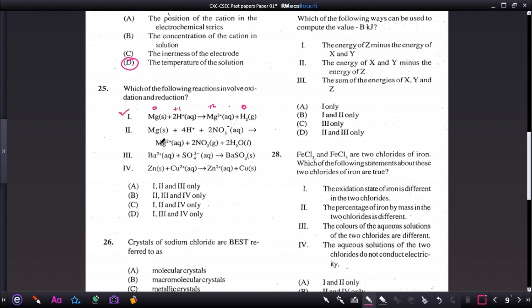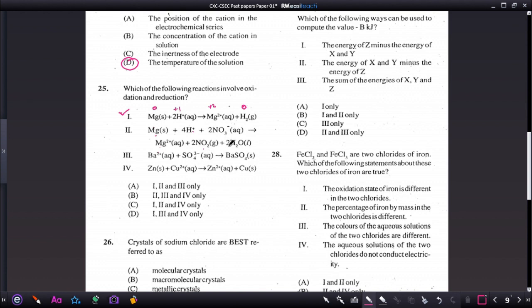In 2, magnesium forms Mg2+ from 0 to 2+, so that's an increase in oxidation number. H+ gains oxygen to form water, so that's also an increase in the oxidation number. The nitrate ion gains electrons to form nitrogen dioxide, so that's a decrease in oxidation number, so that is reduction, right?